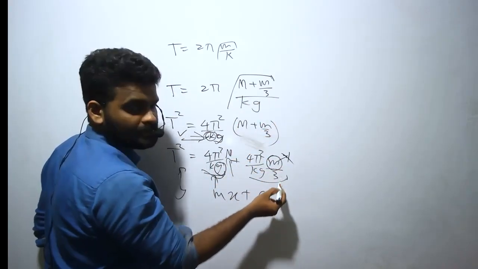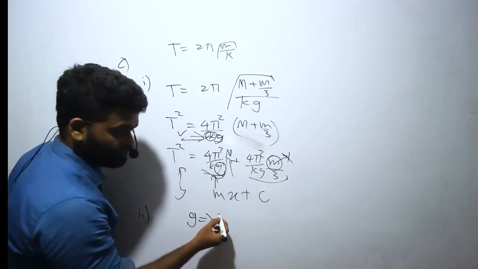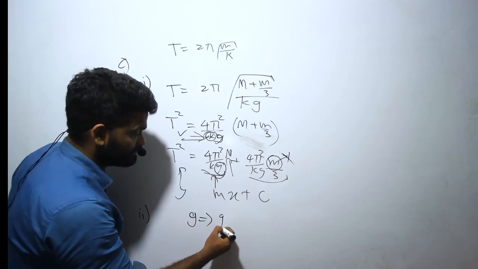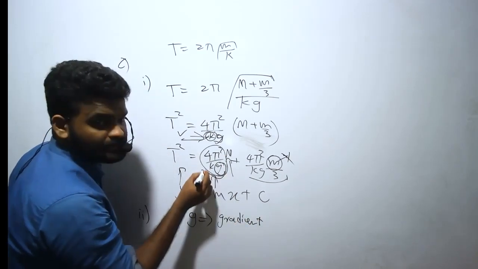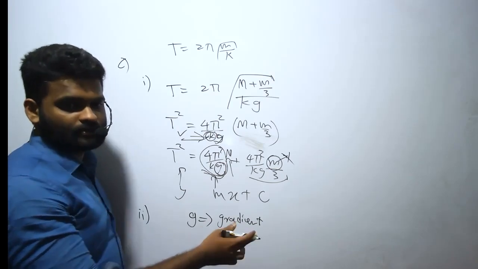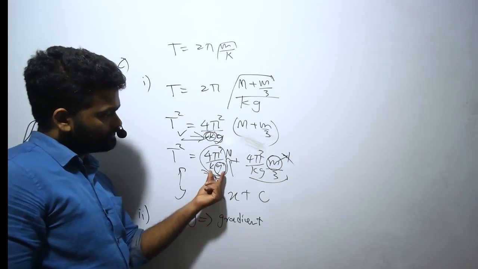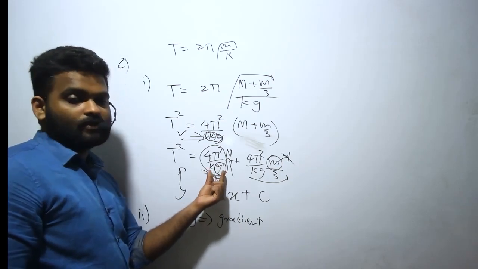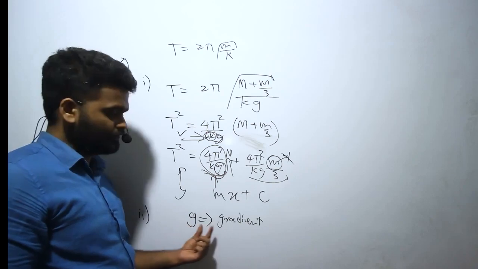You don't know small m. So to determine G, you can determine that using what? Gradient only. If you substitute values here, you can find G. Got it? They are not asking for the calculation. So the only unknown in the gradient is G, so you can find that if you know the gradient.